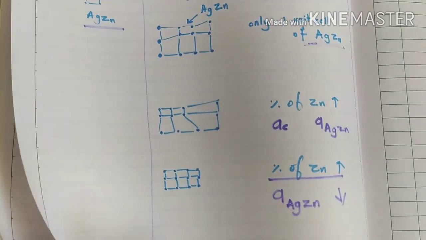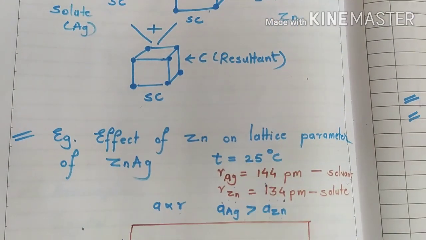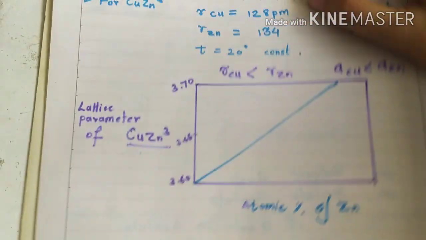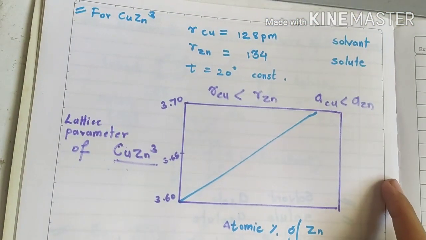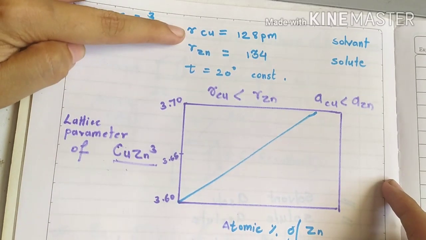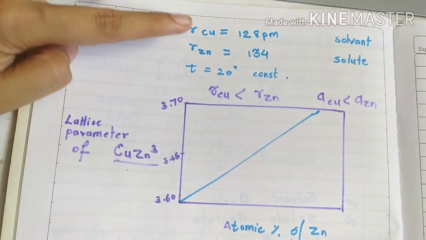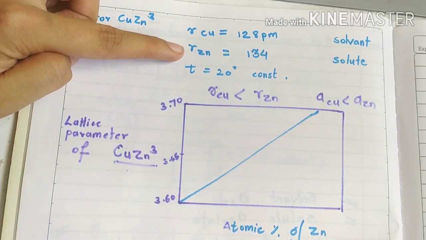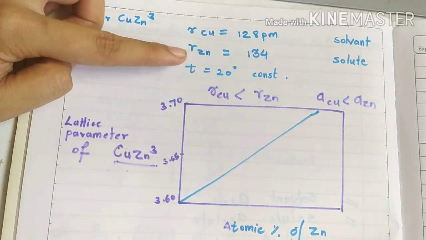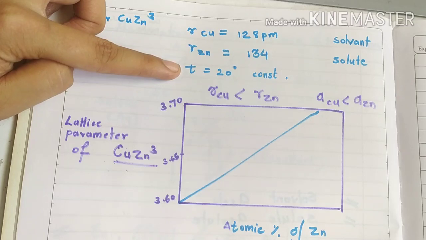Now let's see another example where exactly the opposite case is happening. Let's consider the example of the CuZn cube. In the CuZn cube, we take copper as the solvent whose radius is 128 picometer, while we take zinc as the solute whose radius is 134 picometer, and of course constant temperature 20 degrees Celsius.